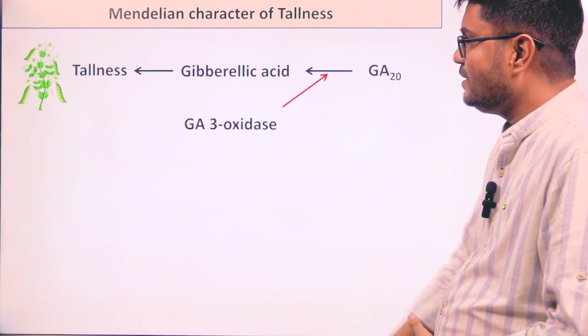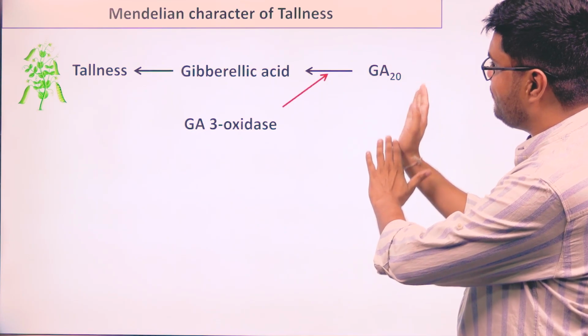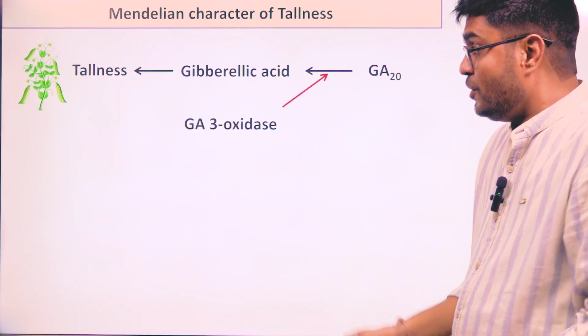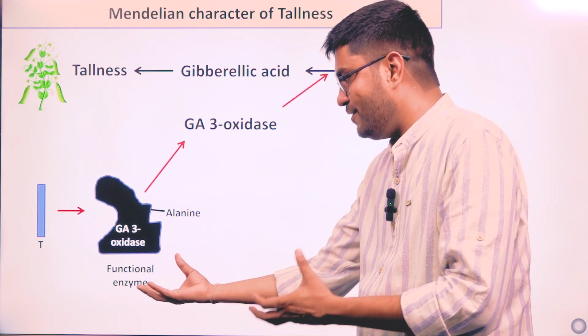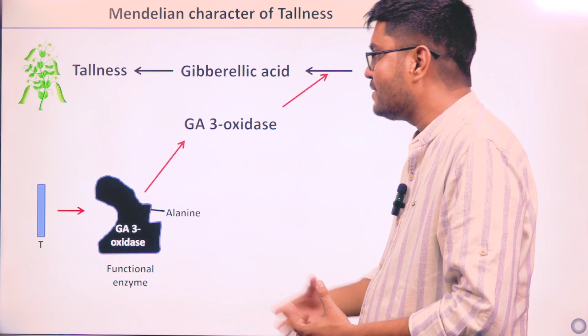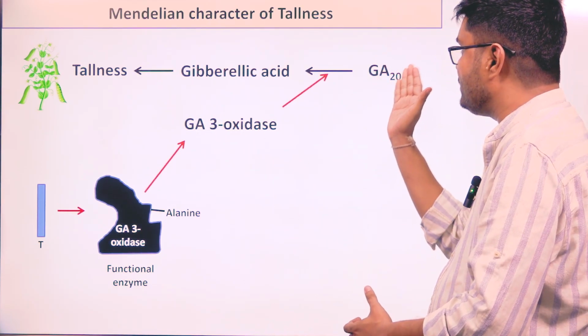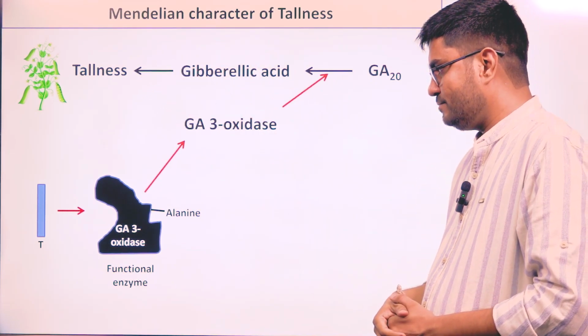Again, the tallness is coming from gibberellic acid, which is coming from GA20 converting into gibberellic acid by the action of GA3 oxidase. So the dominant allele, which is able to produce a functional enzyme, is making GA3 oxidase, which is converting GA20 into gibberellic acid, and ultimately we are getting tallness.